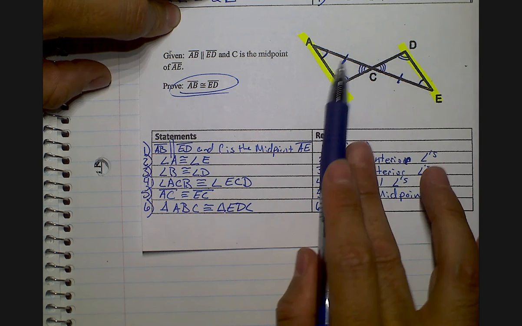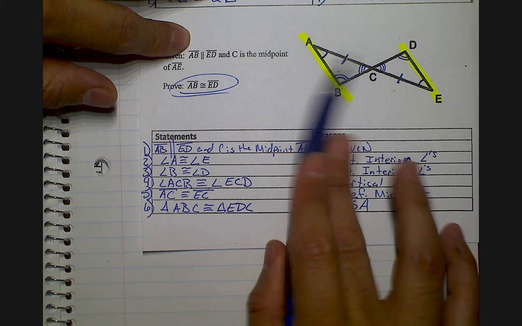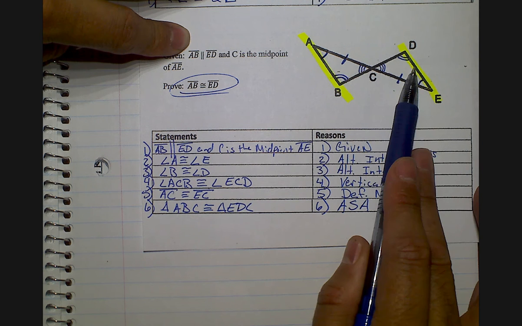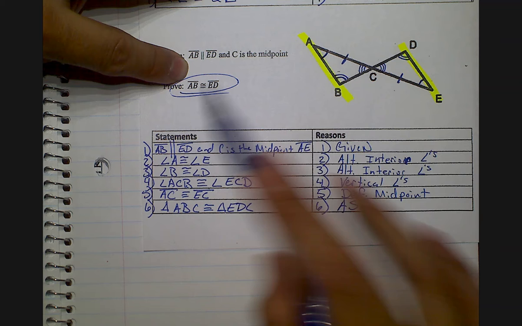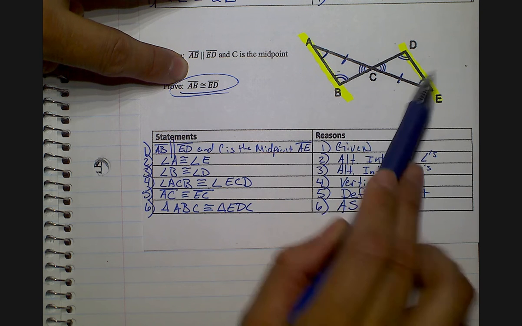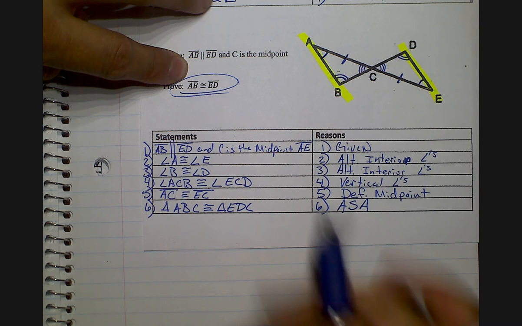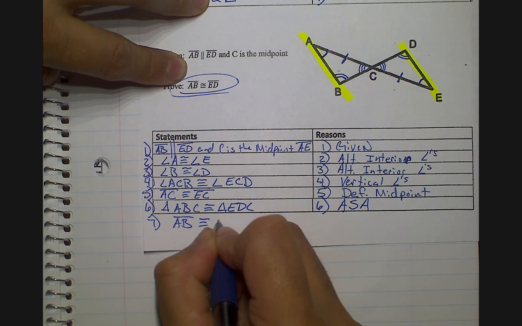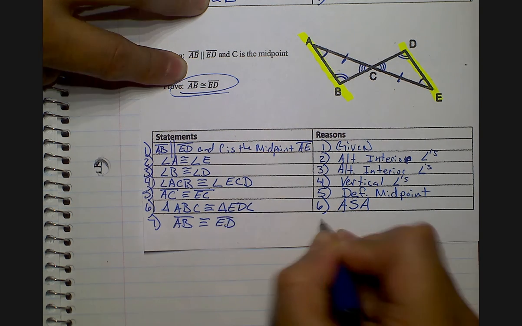After these two triangles are congruent, that means all pieces are congruent. So that means I could say that AB is going to be congruent to ED. So step 7: AB is congruent to ED. What is my reason?